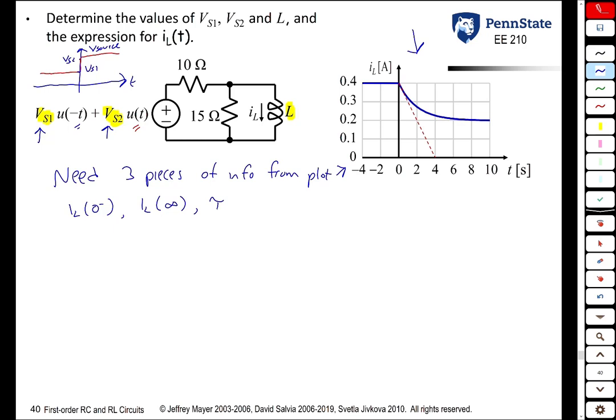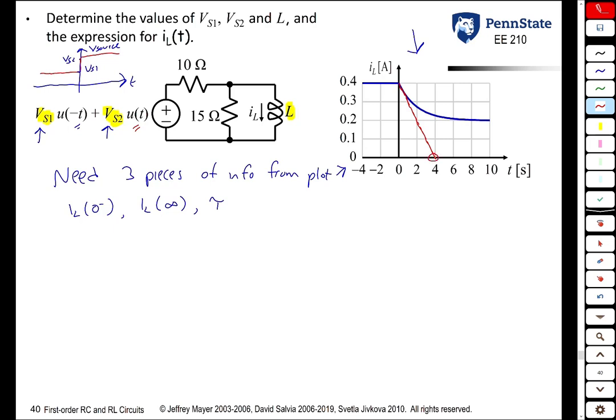So the time constant, if you recall, when you have an exponential decay, if you extrapolate the initial slope, you can get the time constant. But before, we took that initial slope all the way down to the x-axis and said, okay, it would be at 4.